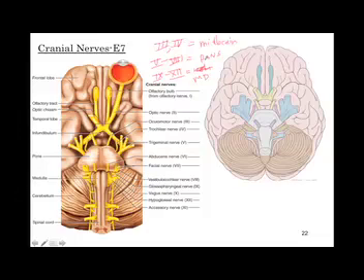The motor fibers originate in the medulla, but the sensory fibers that go into the medulla end there. And that works for the other two brainstem regions as well. So some signals are sent there, and some signals originate there.